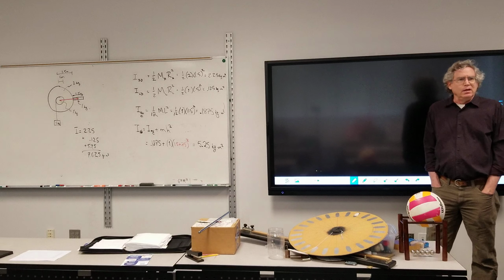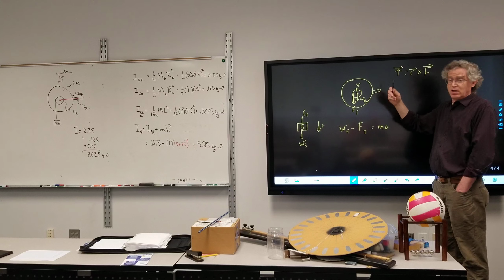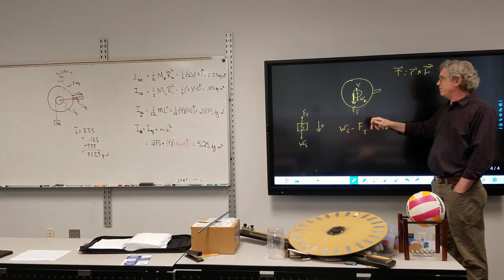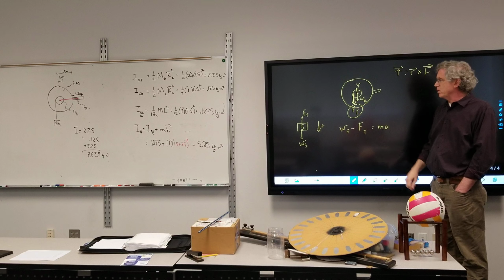Torque, what is torque anyway? How do we find torque? R cross F. Okay. All right, the only thing I have exerting any torque is the tension, because these two are applied at the axis of rotation, so they have R equal to 0.